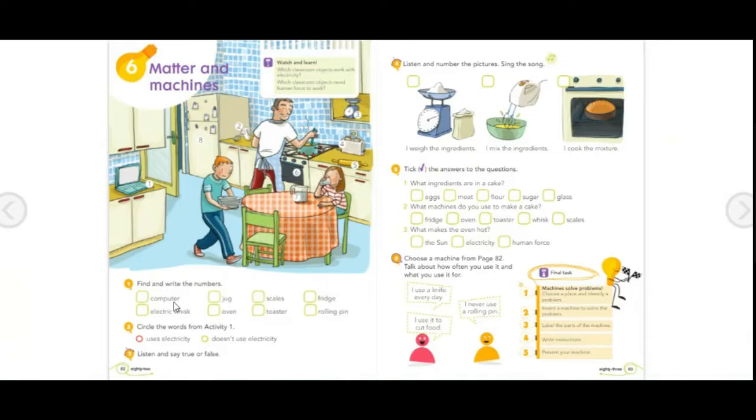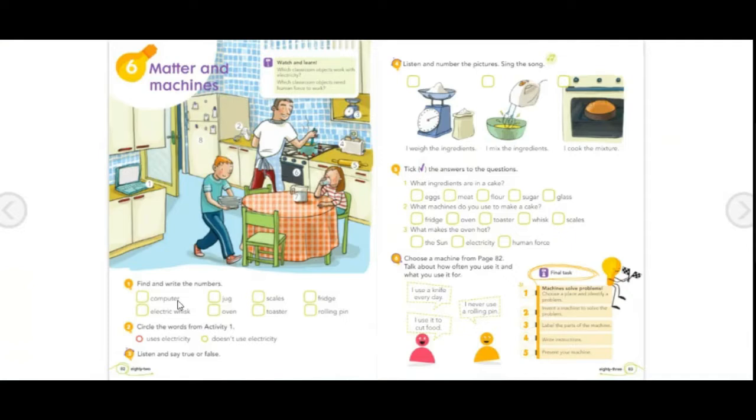So you have to find computer, jug, scales, fridge, electric whisk, oven, toaster, and rolling pin. Again, what you have to do is write the numbers in these squares, these spaces.